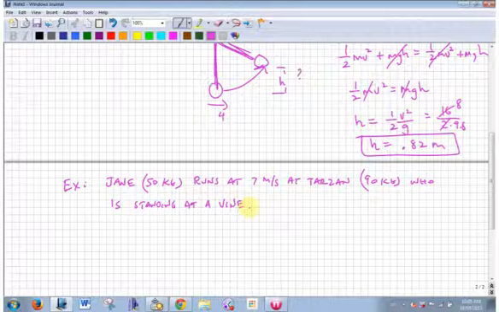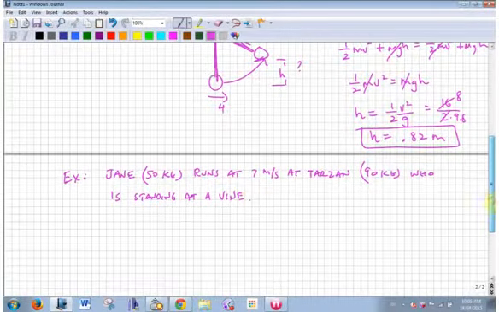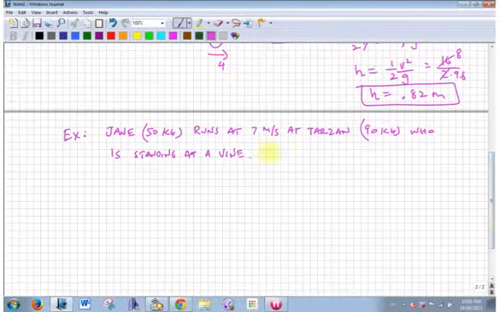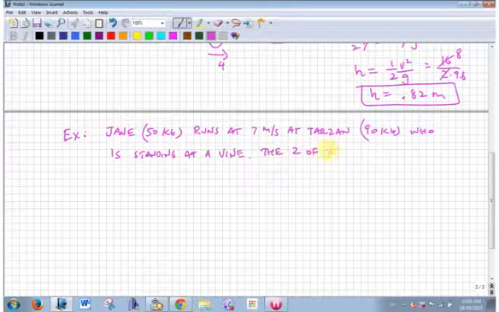Gonna sound like circular motion? Could be, could be. The two of them swing off. How high do they go?